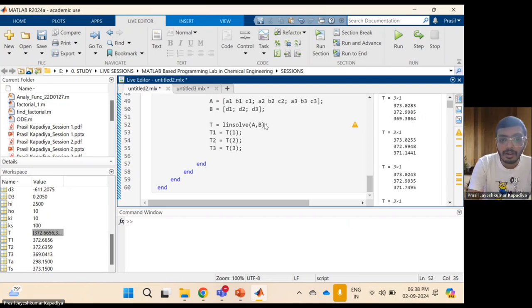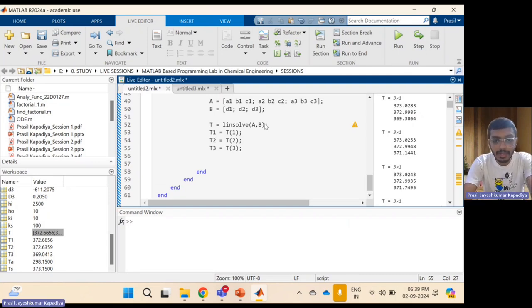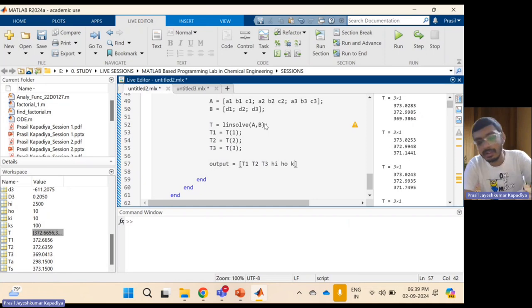Okay. So now what I will do is, after every value, I will print my output. So output is equal to the previous output. First I will write T1, then T2, then T3, then HI, H0, KS, KI.